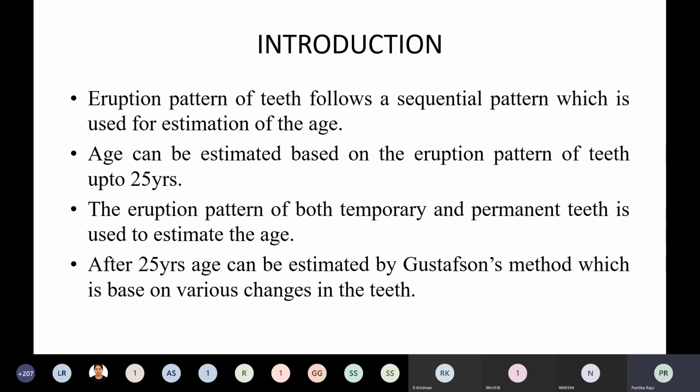Up to 25 years, based on the gross appearance of teeth eruption, you can tell the age. After 25 years, how can you tell the age based on the teeth? For that we use Gustafson's method, which is mainly used after 25 years to estimate the age of the person based on teeth.